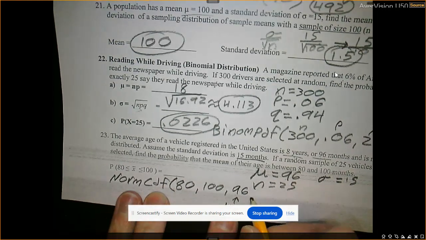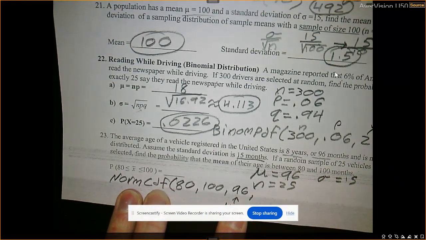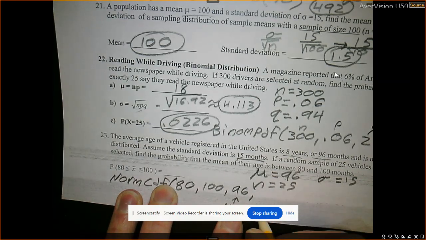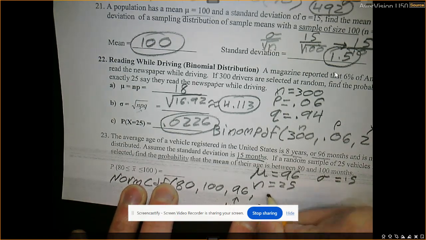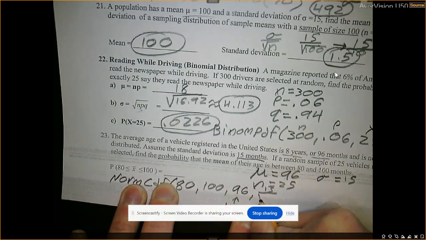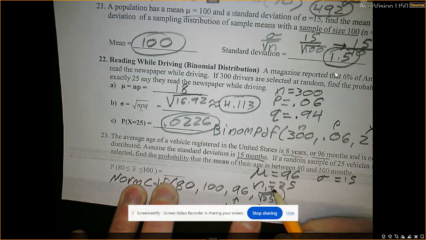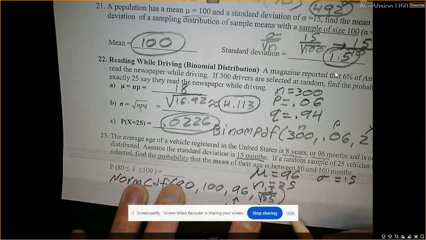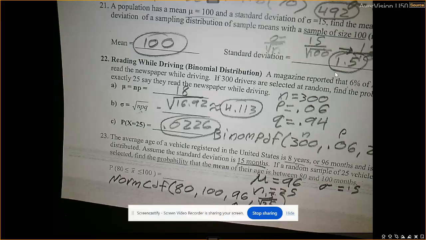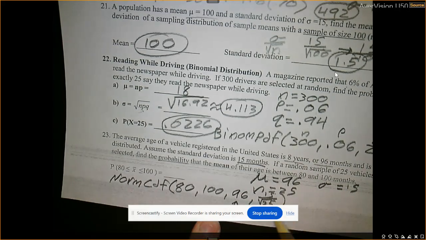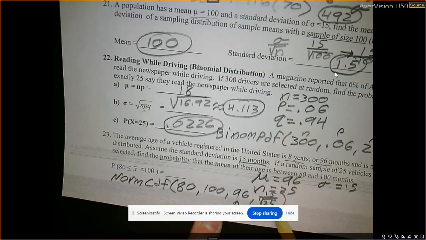Now to find your standard deviation, it's not just 15, remember. The standard deviation of your sample means is sigma over the square root of n. So this is really going to be 15 over the square root of 25. Square root of 25 is 5, so 15 divided by 5 is 3.